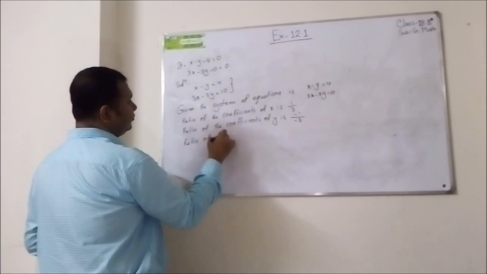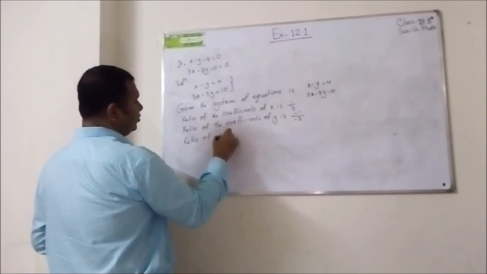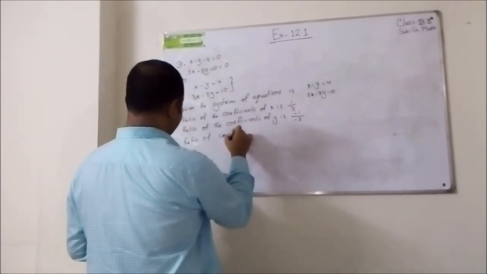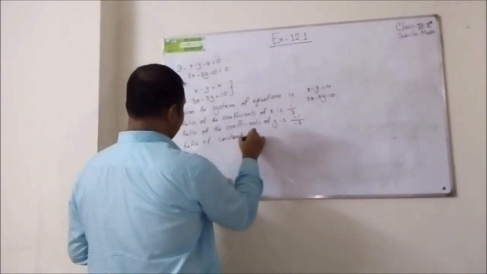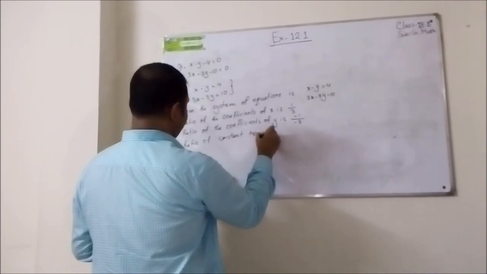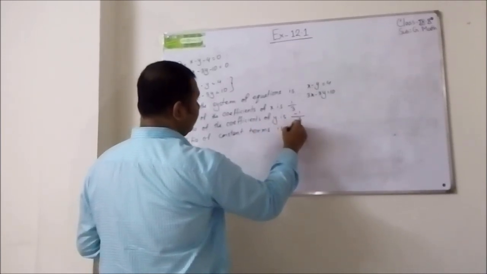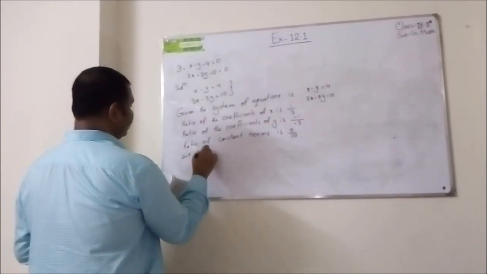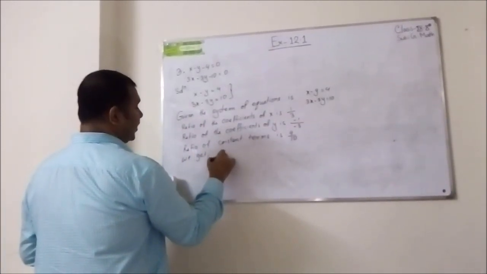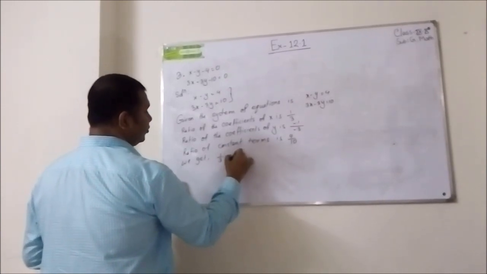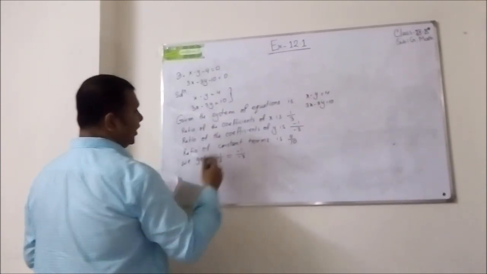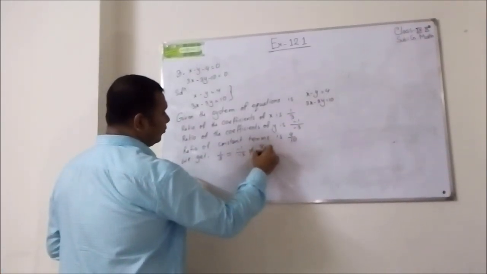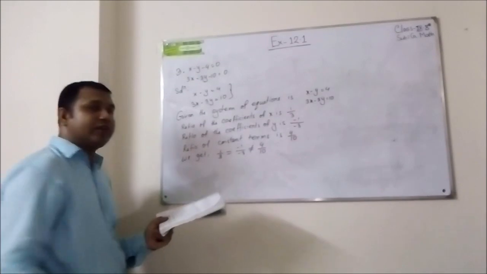Ratio of constant terms is 4 by 10. We get 1 by 3 equal to minus 1 by minus 3. These are equal, but the ratio of the constant terms, 4 by 10, is not equal.